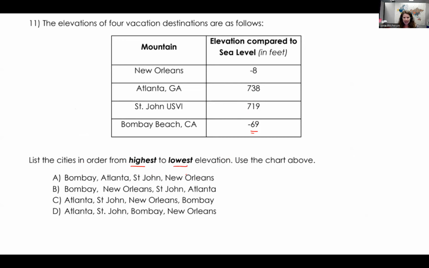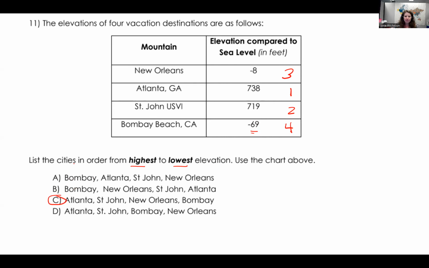So which city is above sea level the furthest? That would be Atlanta. And then we have St. John, and then New Orleans. And the one that's farthest below sea level is Bombay Beach. So we're looking for which one? That would be C, I think, right?